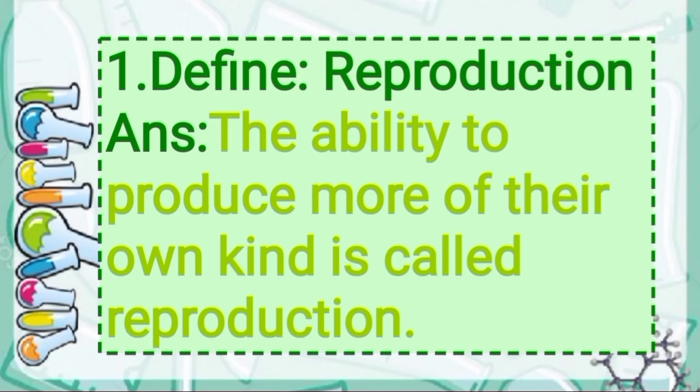So the answer is the ability to produce more of their own kind is called reproduction.